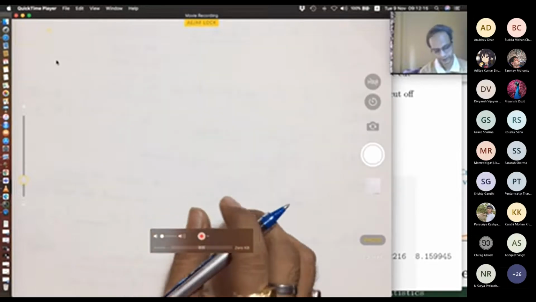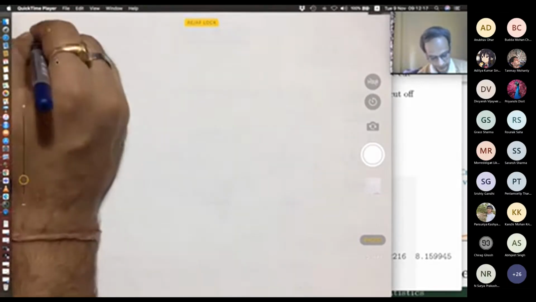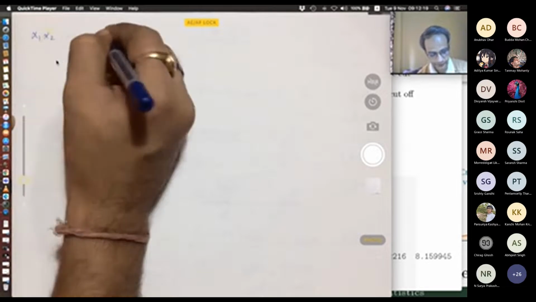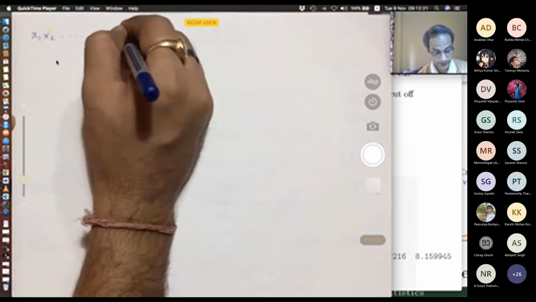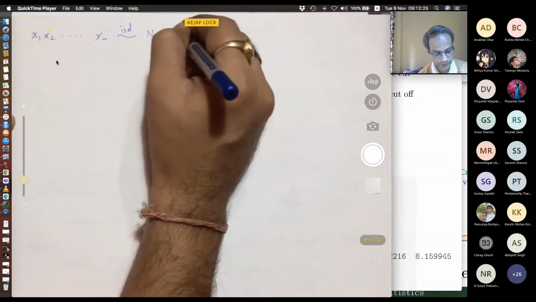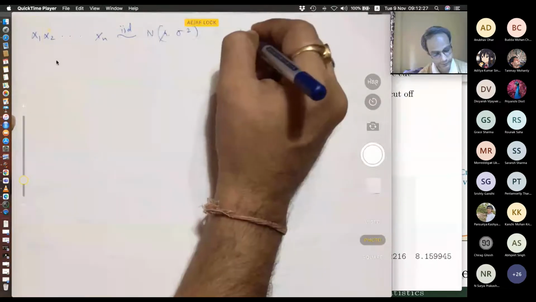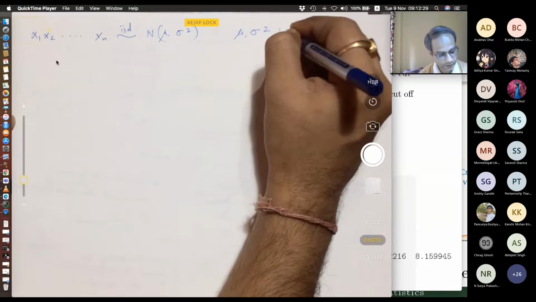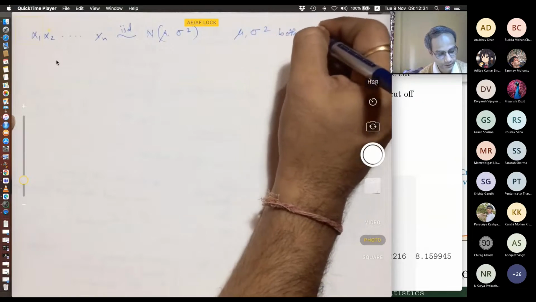So x1, x2, ..., xn IID normal mu, sigma square, where mu and sigma square both are unknown.